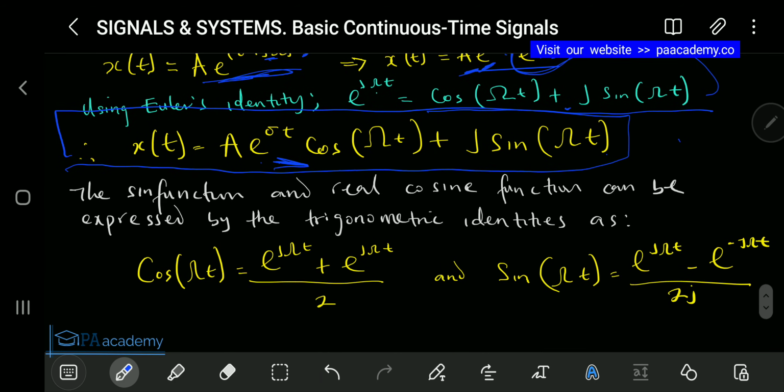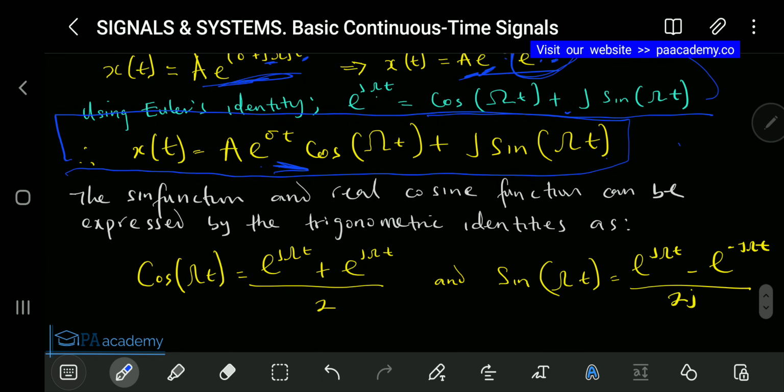So just for simplification, the sine function and the real cosine function can be expressed by the trigonometric identity. That means for this cos omega t, it can also be rewritten as exponential j omega t plus exponential minus j omega t over 2, and then sine omega t.